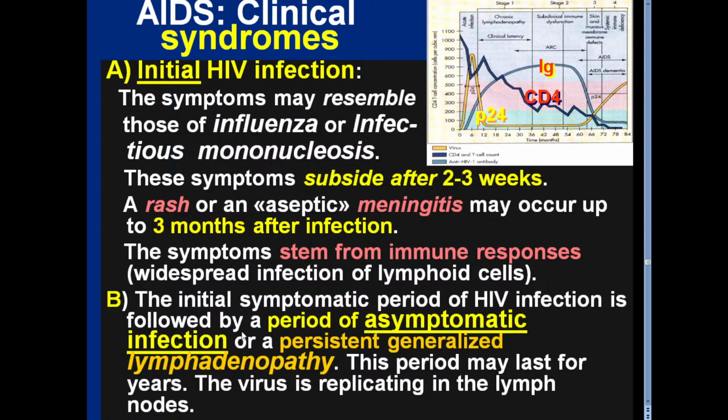Then the initial symptomatic period of HIV infection is followed by a period of asymptomatic infection or persistent generalized lymphadenopathy. This period, as I said, may last years, maybe 1 year, maybe 7 years. During this period, viruses replicate in lymph nodes.